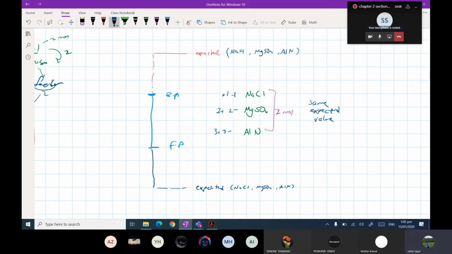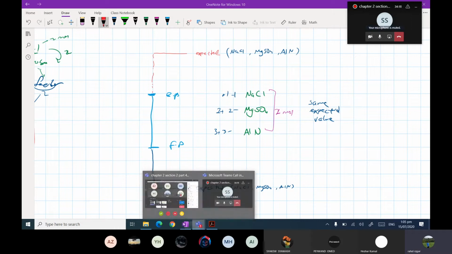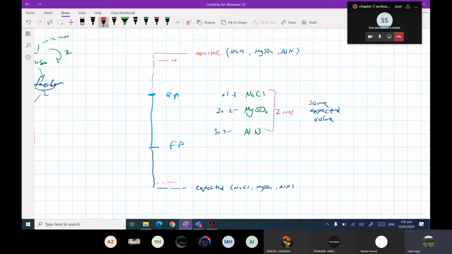What about their actual? First, we know the actual for freezing point must be above this expected, and for boiling point must be below this one.